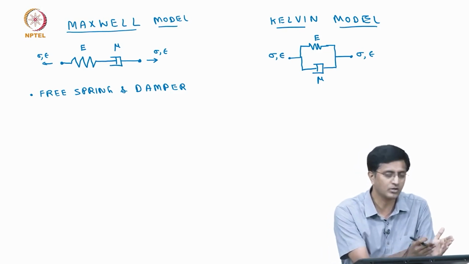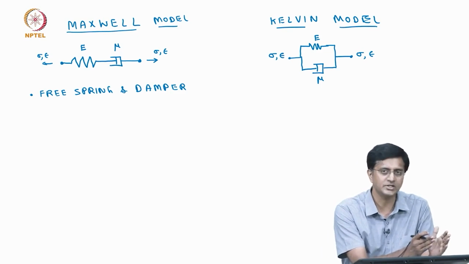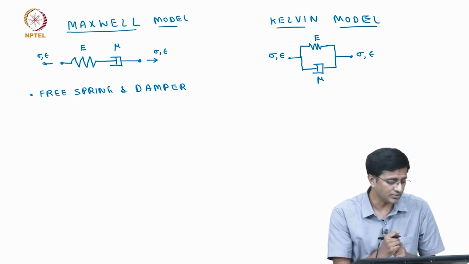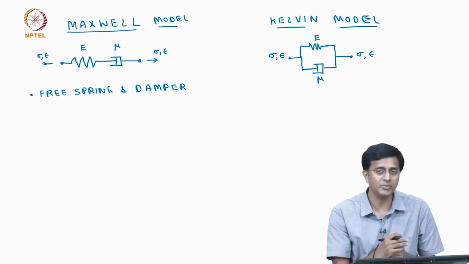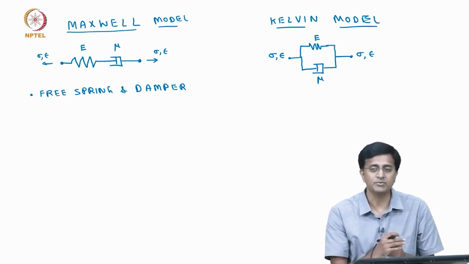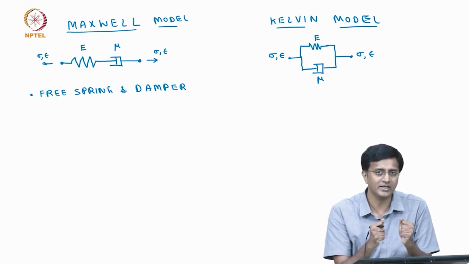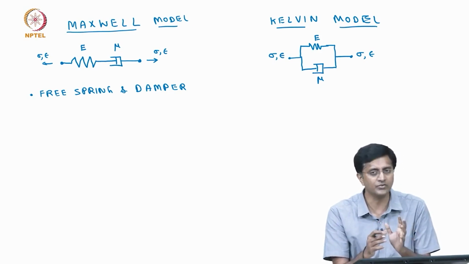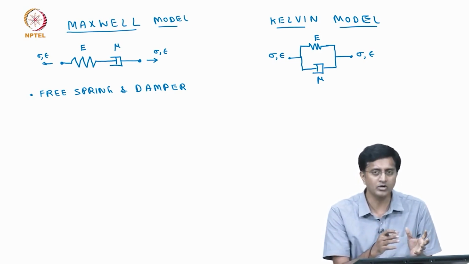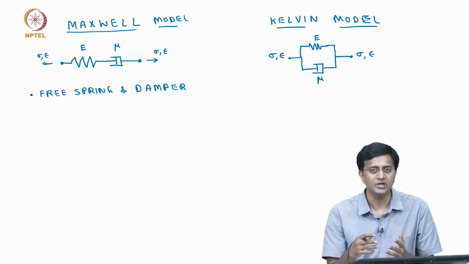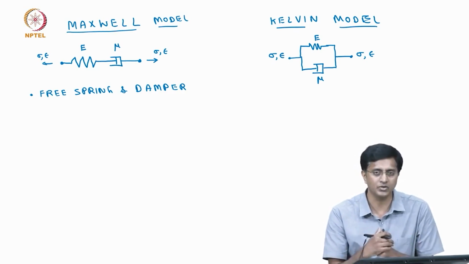If I look closely at the spring, it is in series, so there is no other element in parallel. The reason why we are focusing on this free spring and damper is it explains what happens at the instant of the load, which we defined as the initial response or the instantaneous response, and it also defines how this Maxwell model behaves at long periods. So, if we wait for very long periods, which means t tends to infinity, what does the model behavior look like.